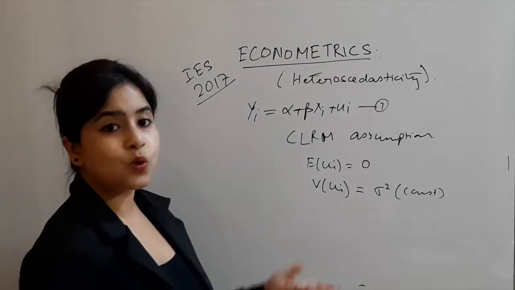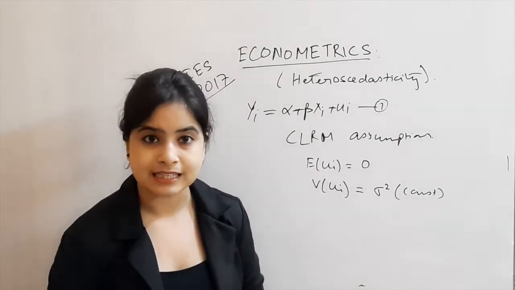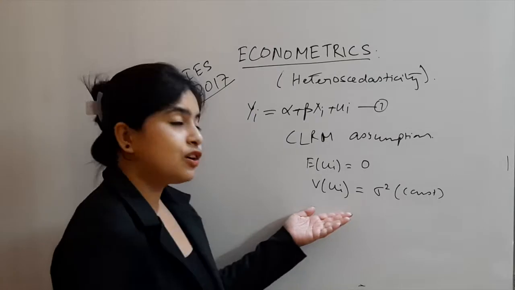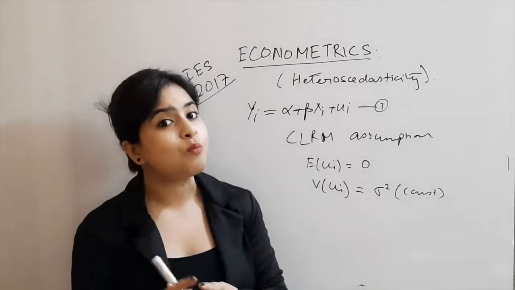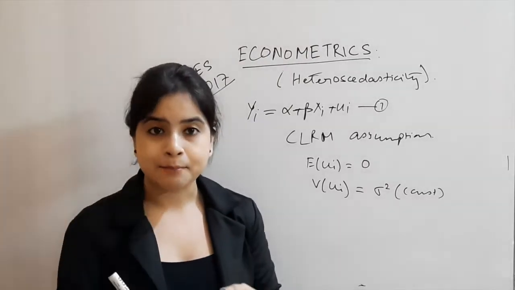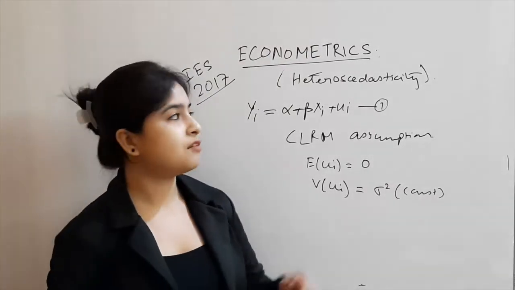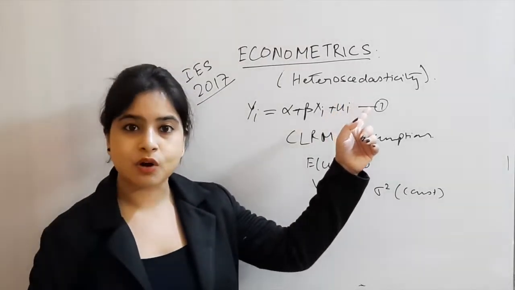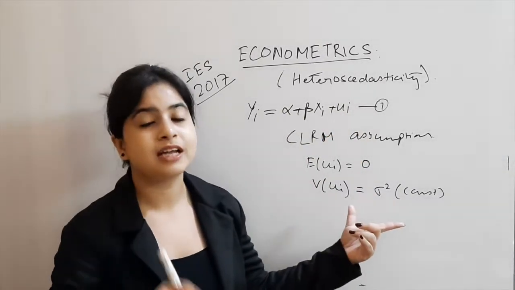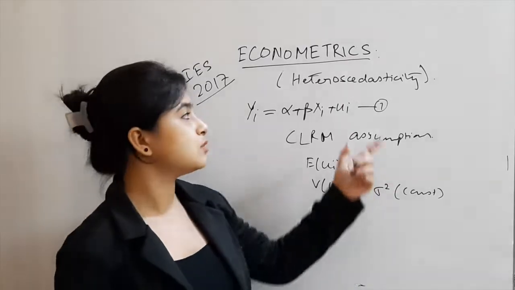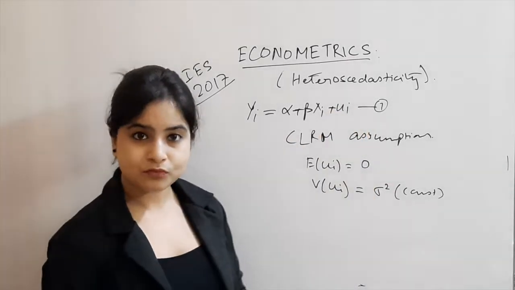This property we know is known as homoscedasticity. The violation of this particular assumption, when the variance of the error term is no more constant for different samples, then we have a problem of heteroscedasticity into our system. So this is the assumption that when it gets violated, we have a problem of heteroscedasticity, right?